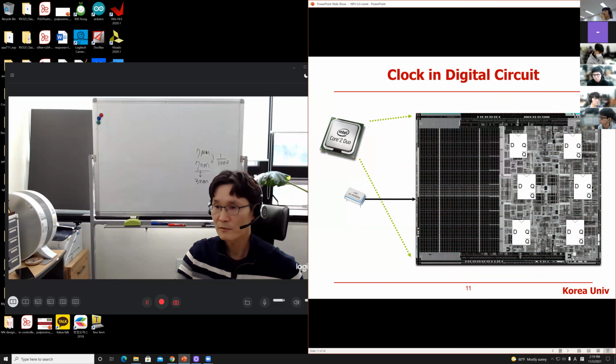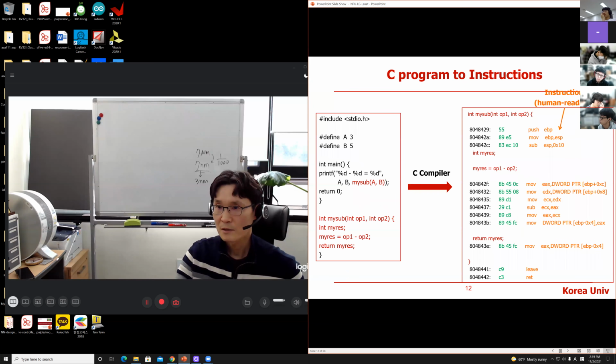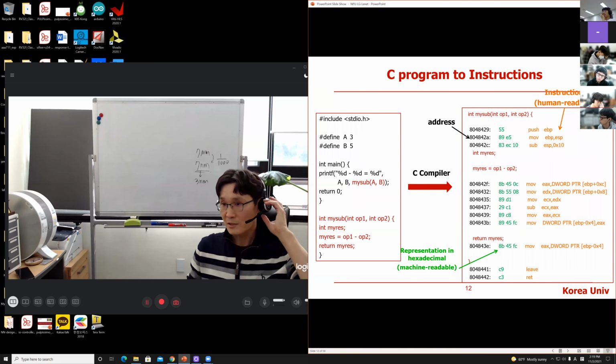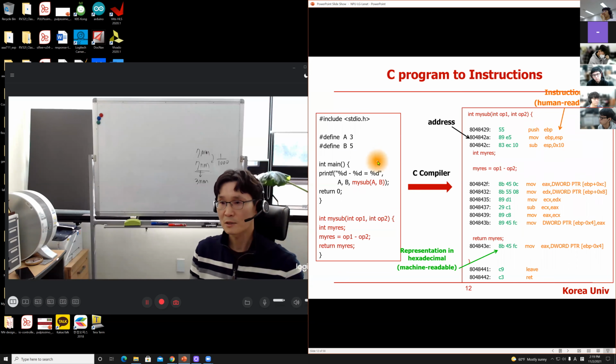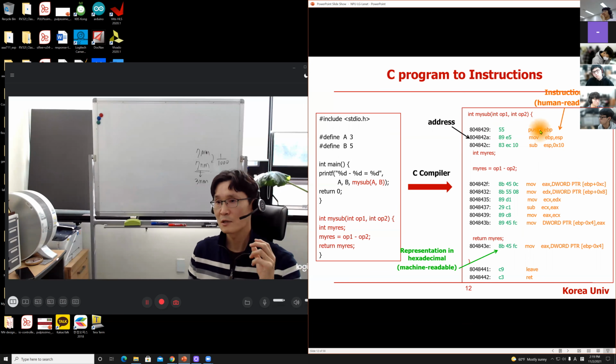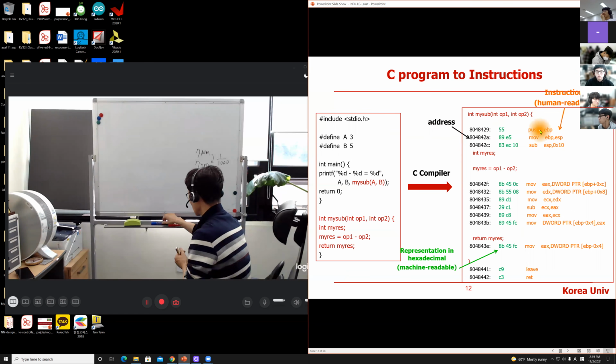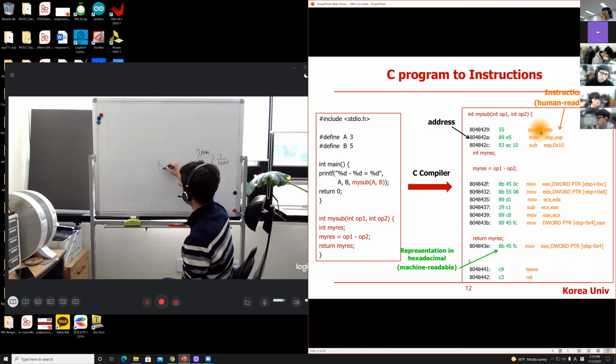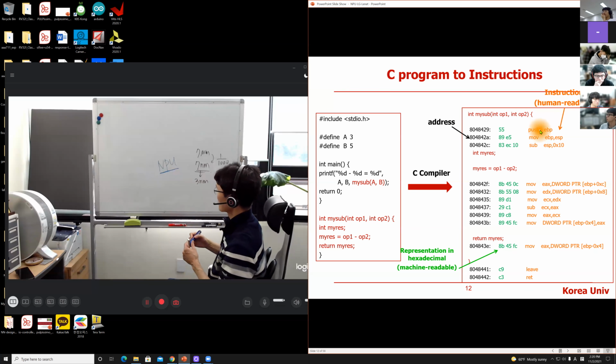So there are a lot of flip-flops in digital logic. Okay, so very basic stuff, right? If you compile a C code, then object dump it, then you get these instructions and machine code, right? The reason why I say this instruction and machine code is because the NPU, neural processing unit, is taking the same approach actually.